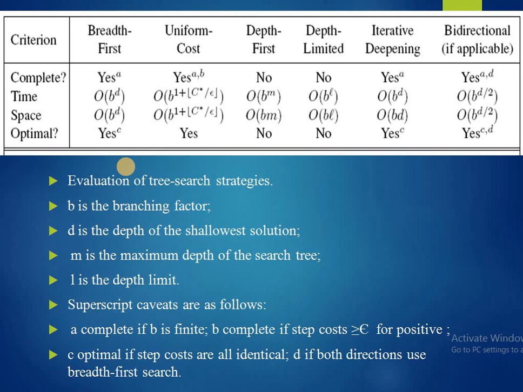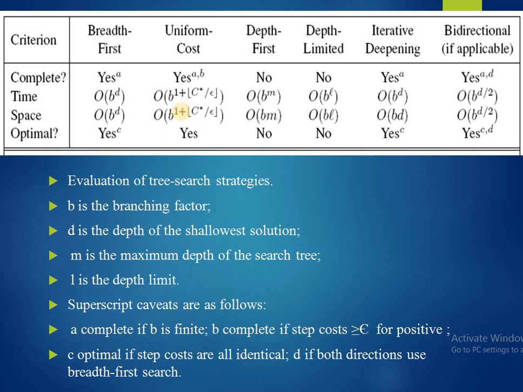Here 4 criteria are provided: complete, time, space, and optimal. Breadth first search, uniform cost search, iterative deepening search, and bidirectional search are complete, while depth first search and depth limited search are not complete.